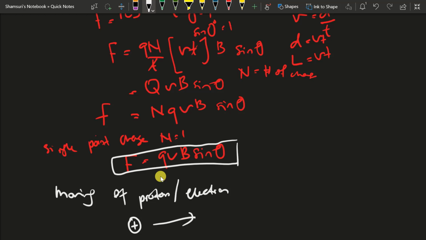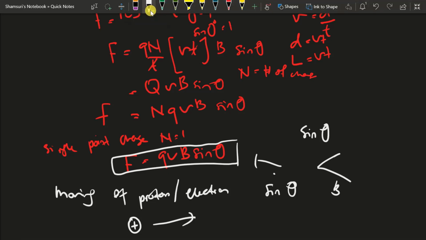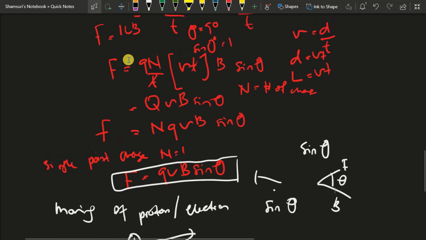So we can have the charge of a proton moving here, and then we have again the same formula here. Sine theta here, for example. Previously, we had the sine theta from the I and B. Now in this equation we don't have any I. We already changed the I with the charge.